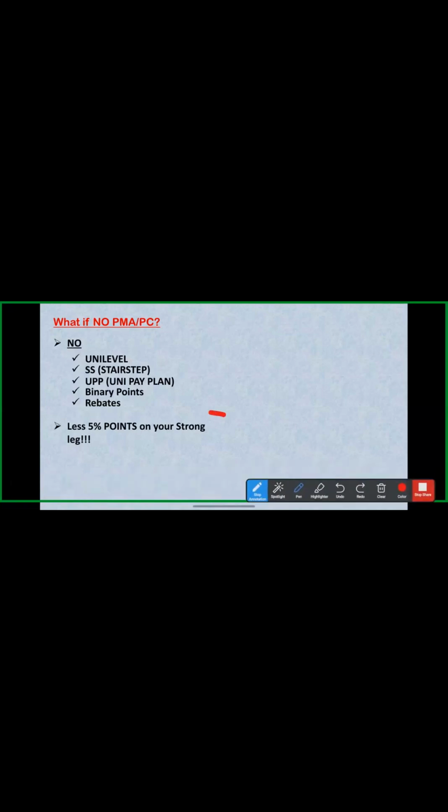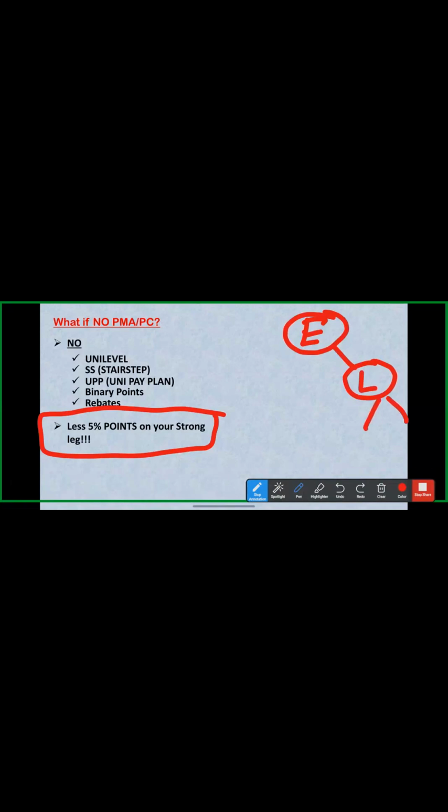Okay. From your strong side in your account, let's say if I don't do, let's use a very good example, let's use maybe Eric. Let's use Eric here. Now Eric on this side has Levy and the entire team of Levy, like that.